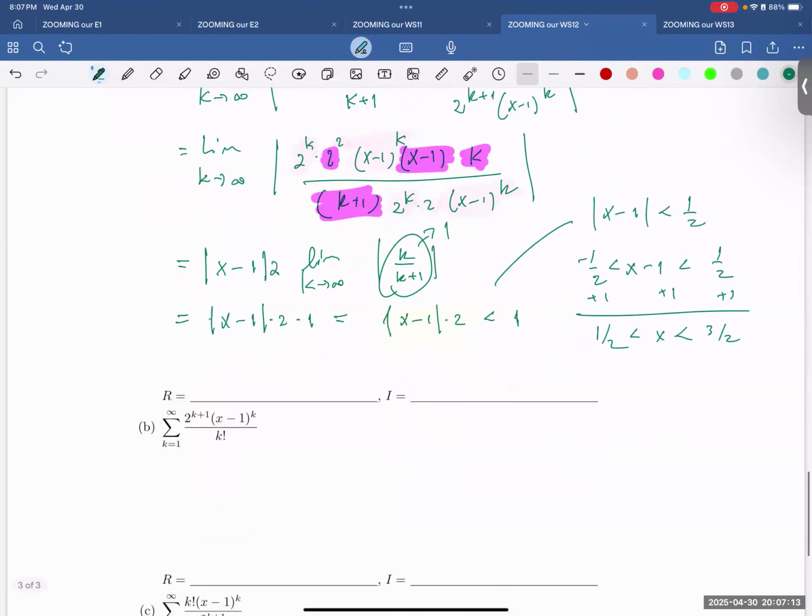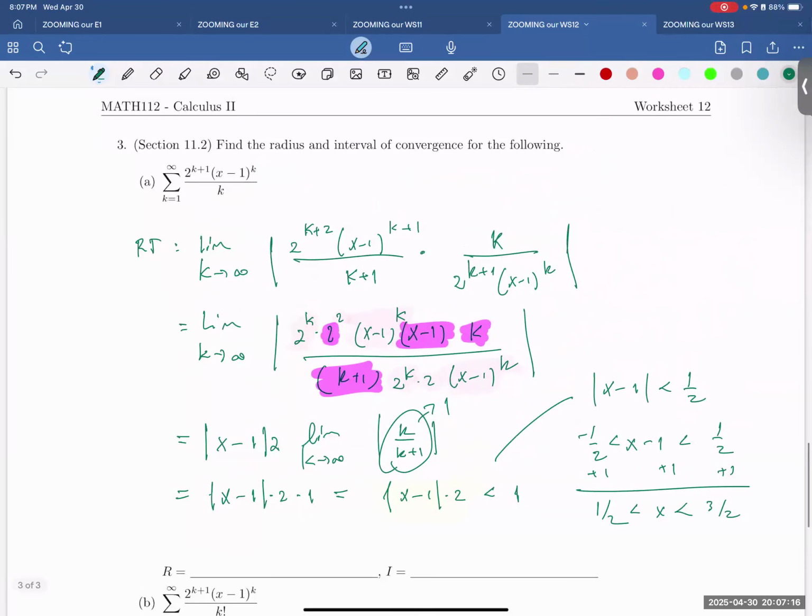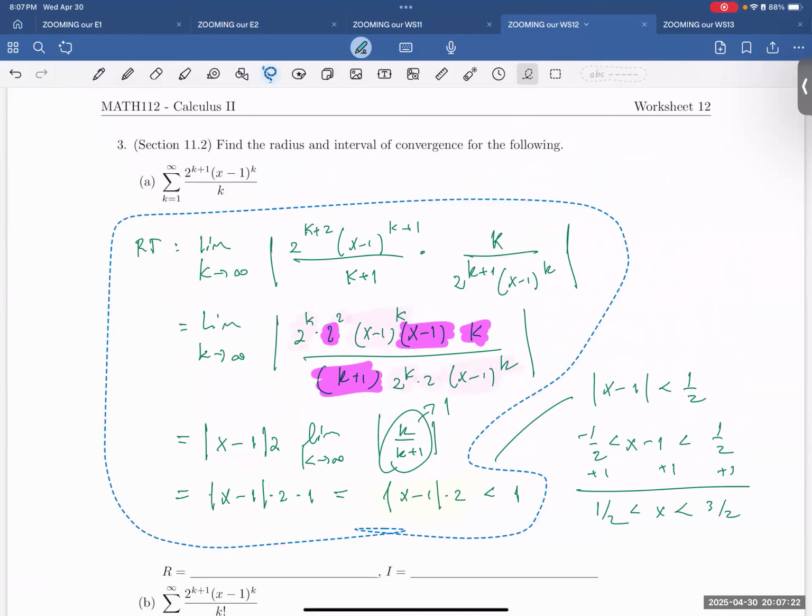Oh, we've got to check endpoints, don't we? I'm out of room. I'm going to need more room. No, that's not what I wanted to do.